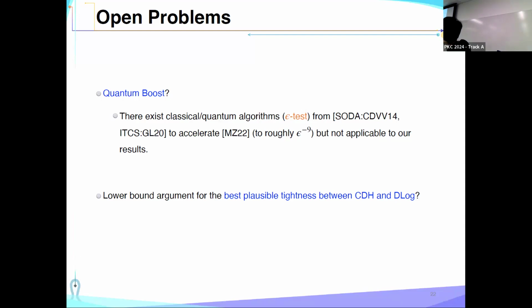Our argument is kind of classical. We are using some information theoretical argument to argue that's the best possible for this approach. For our approach, and Montgomery and Gentry's approach, it is probably epsilon to the -2, but that is based on some statistical theory and for the classical case. Yeah.